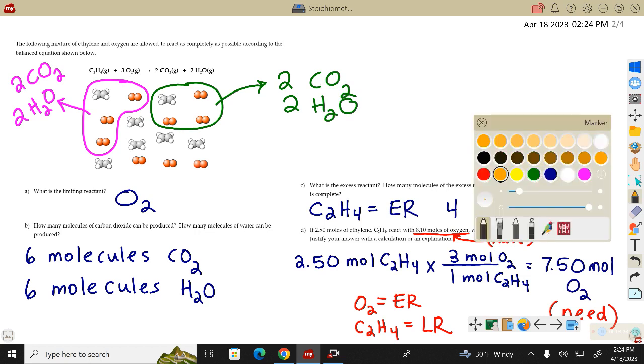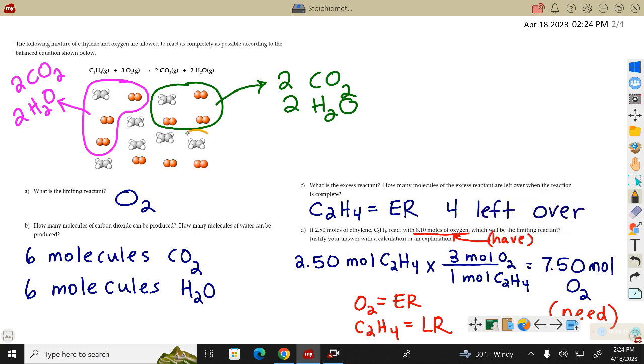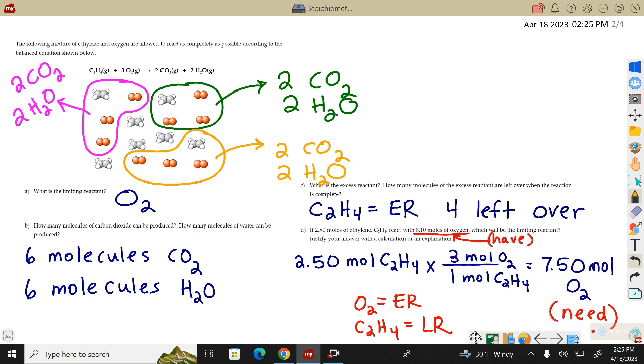Let's see here. I think I can do it one more time. I see 1 ethylene and 3 oxygen, and that grouping should give me 2 carbon dioxide and 2 waters. The ratio in the balanced equation. Okay, but now that's as far as I could go. At this point, I've used up all my oxygen.